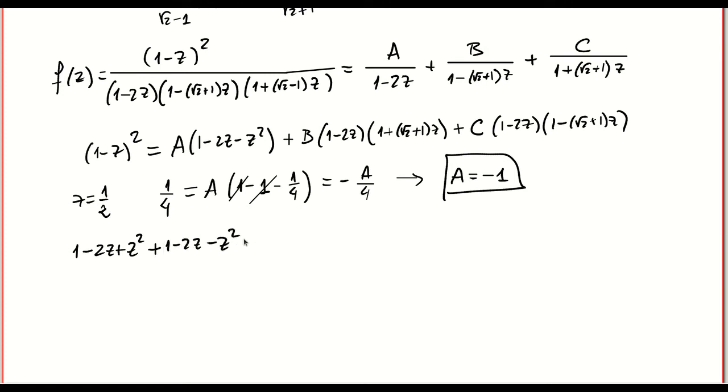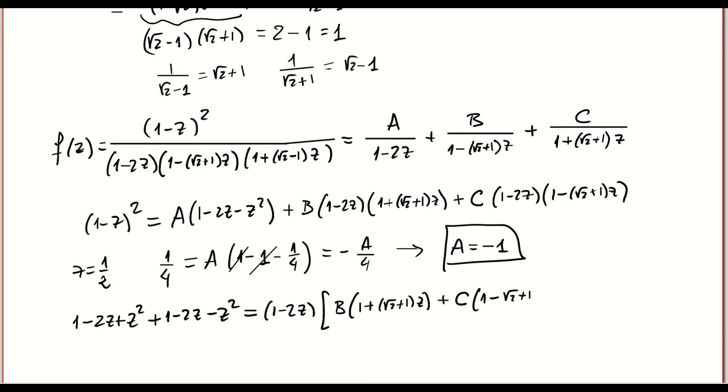And that is equal to these two terms, which contain the common factor 1 minus 2z. So we can write this as (1 minus 2z) times b times (1 plus (square root 2 plus 1) z) plus c times 1 minus (square root 2 plus 1).